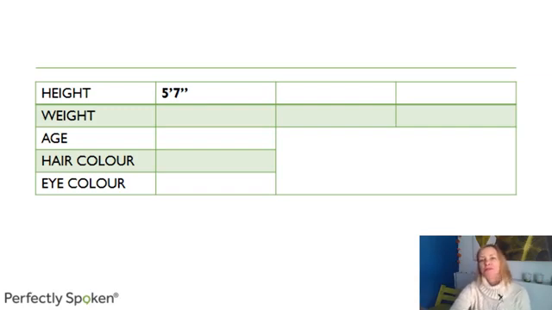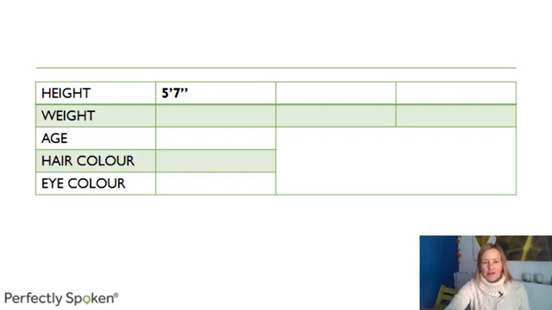So height, 5'7". In the UK, we still talk about height in terms of feet. 1 foot is approximately 33 centimeters, because there's approximately 3 feet in 1 meter.